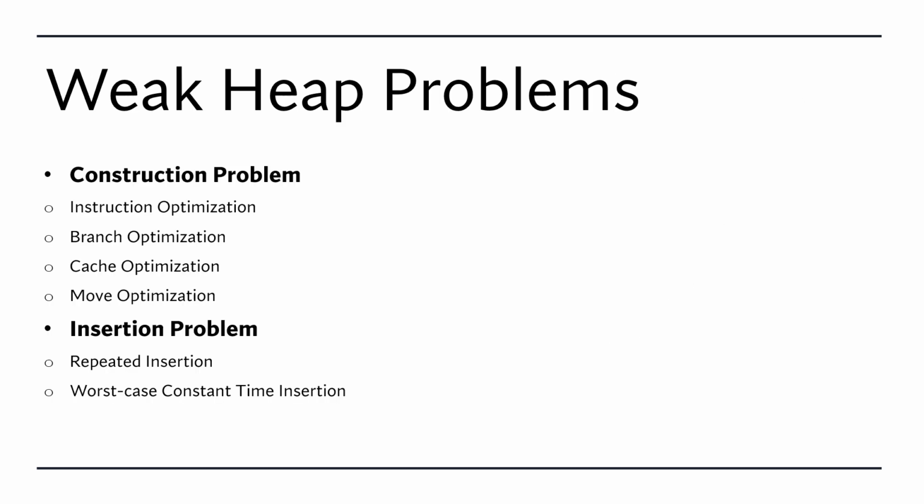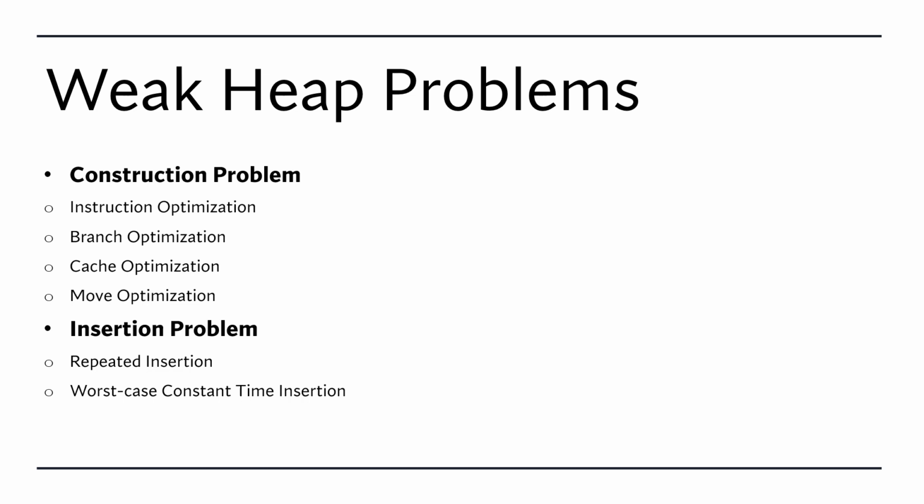In this presentation, first we look at the problem of weak heap construction and then the problem of element insertion into a weak heap. Weak heap construction can be improved in several ways, such as instruction optimization, branch optimization, cache optimization, and move optimization.